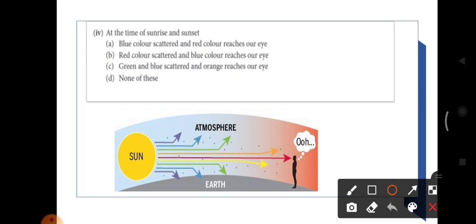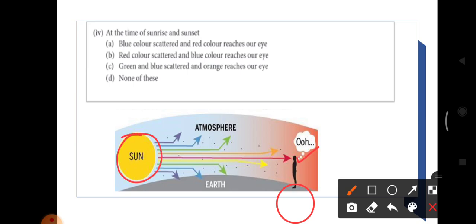You know that this is our earth. The observer is standing here. The sun is here.